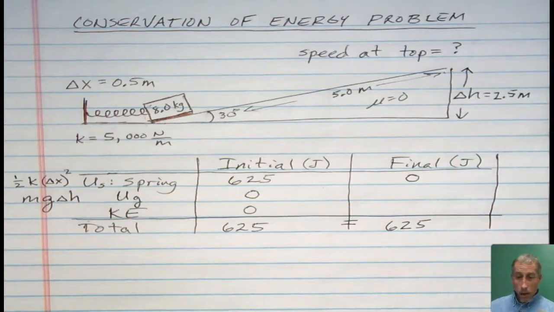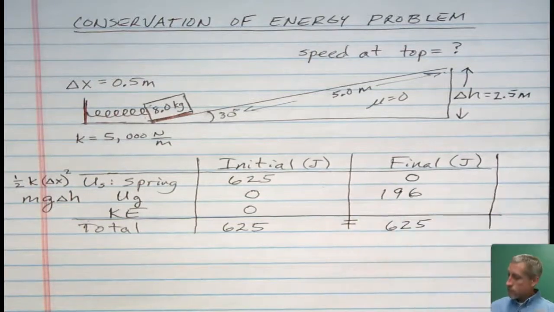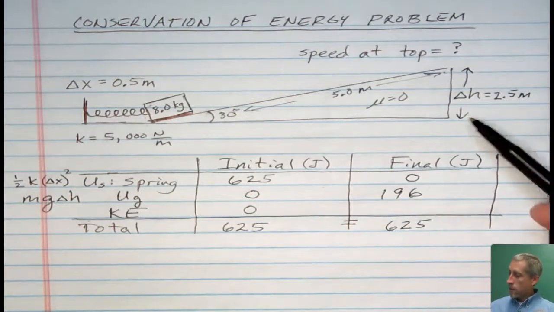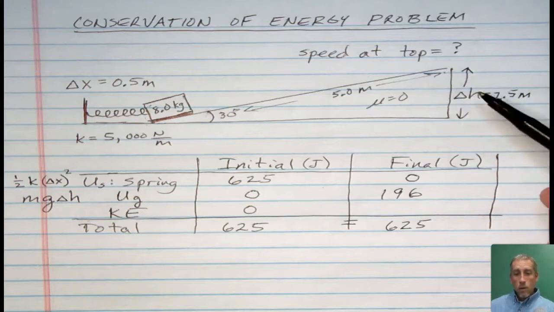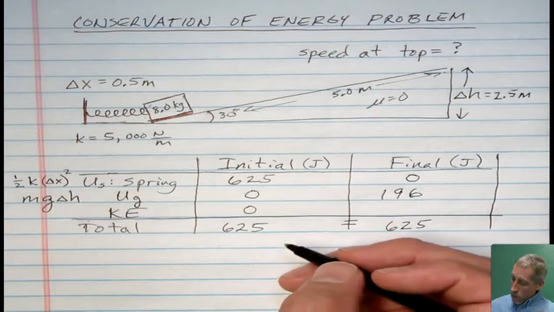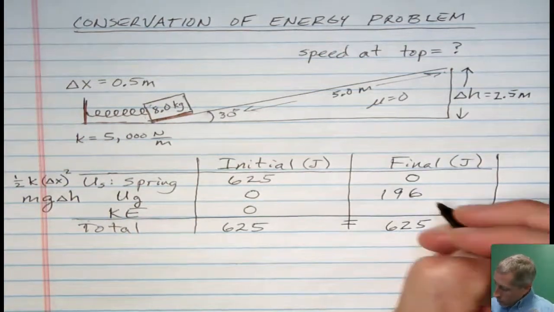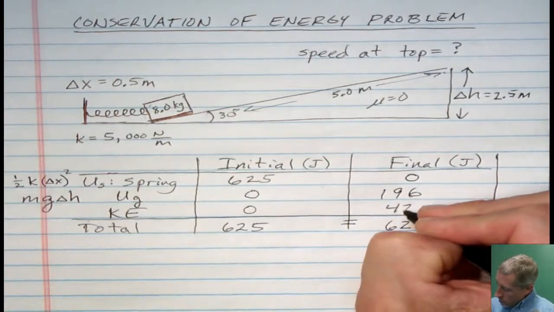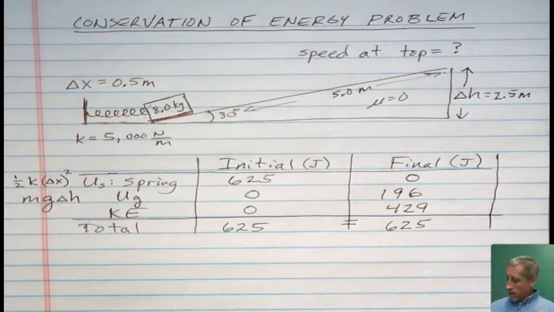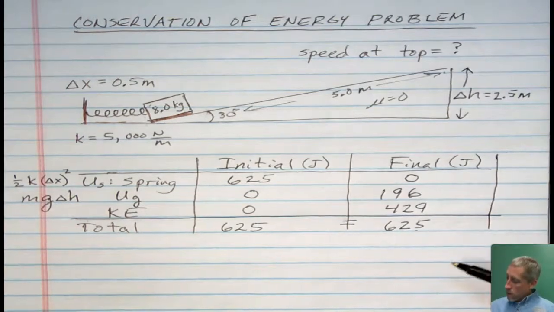And so we can do that calculation and we'll get 196 joules of gravitational energy. So that leaves the rest of it to be in the form of kinetic. So how much is that? That would be about 429. My math is correct. We'll make a total of 625.